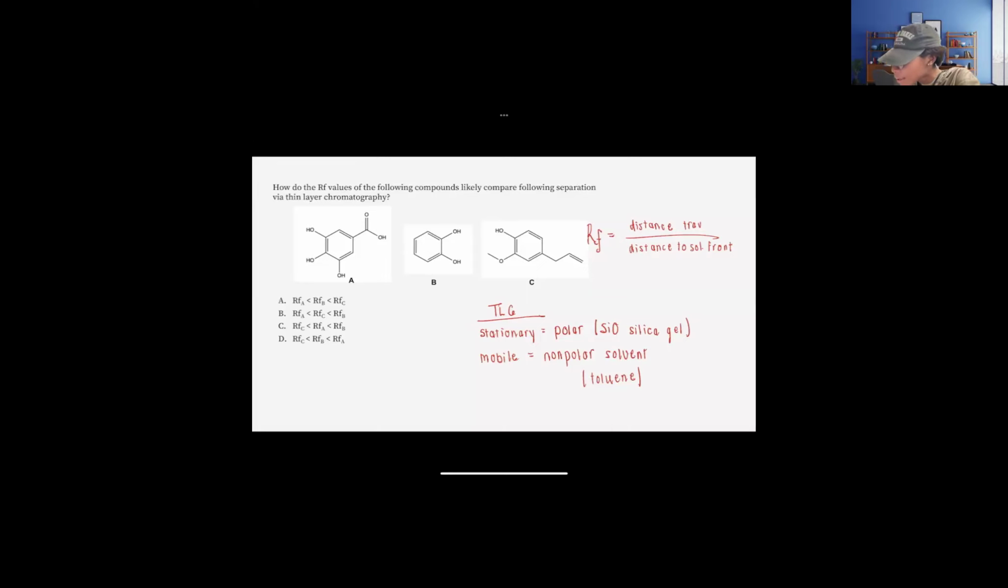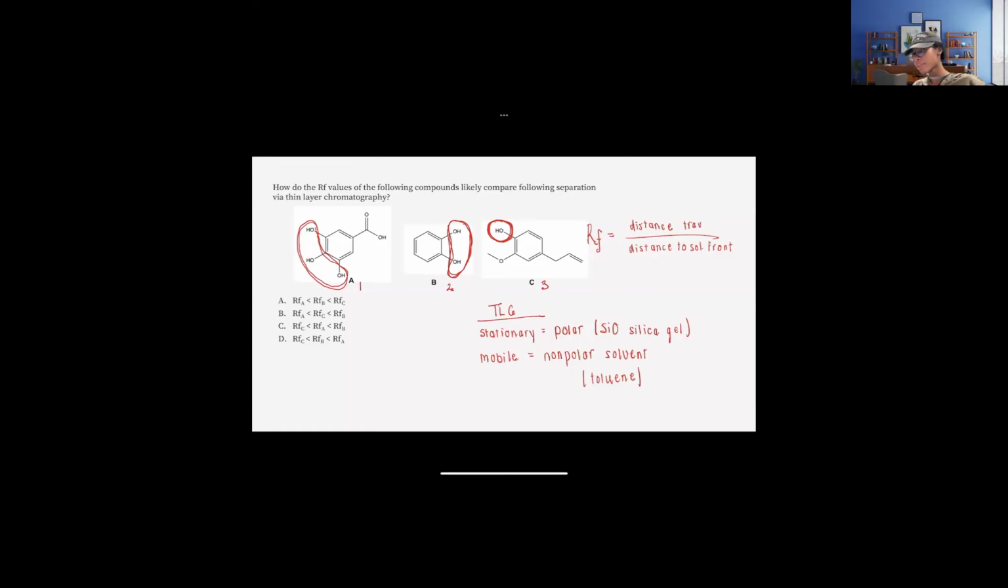So this, we can see they may even have made it easy for us. This has 3 hydroxyl groups. This has 2 hydroxyl groups. And this has 1 hydroxyl group. So in order of polarity, I'd rank this as the most polar, this in the middle, and this as the least.